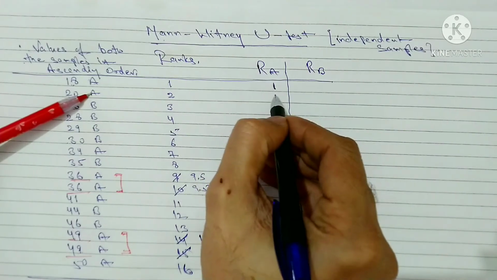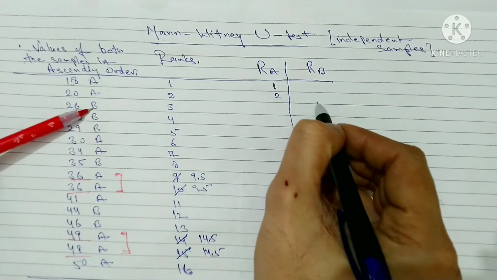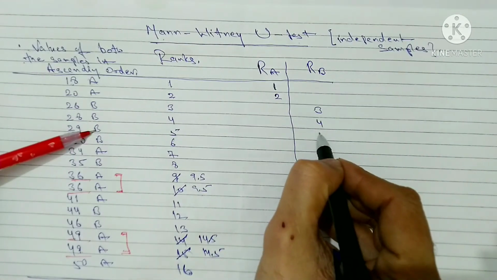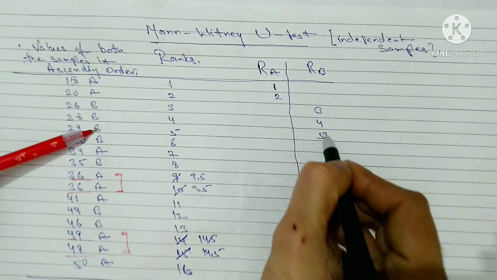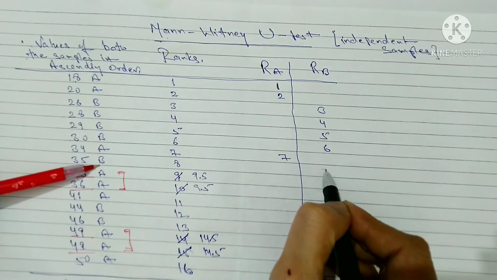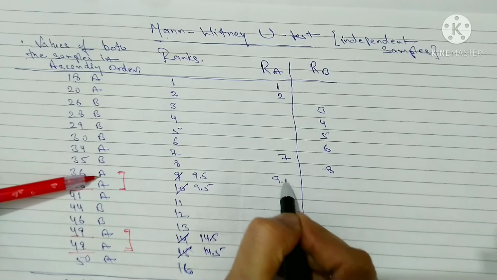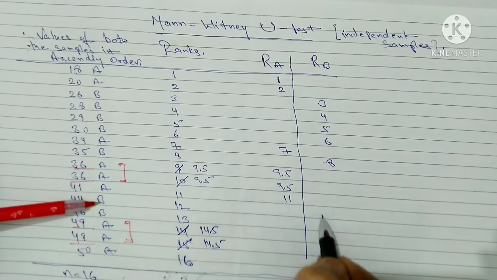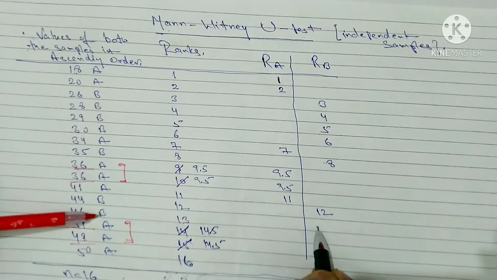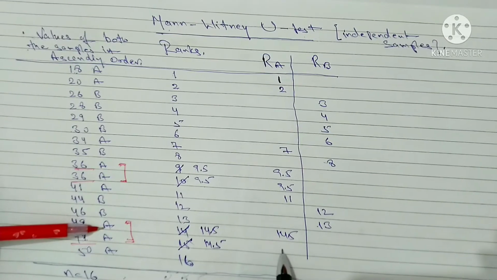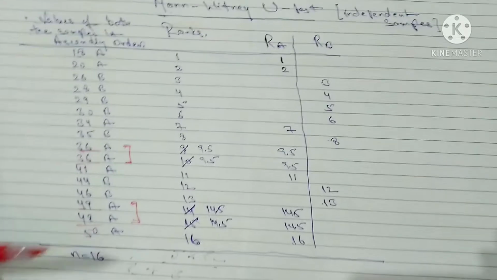Again from sample A. Rank 3 is from sample B, write on the B side. 4 is from B, 5 is from B, 6 is from B, 7 is from A, then B, then A, again from A, B, 13 is from B, 14.5 is from group A, 14.5 A, and 16 A.